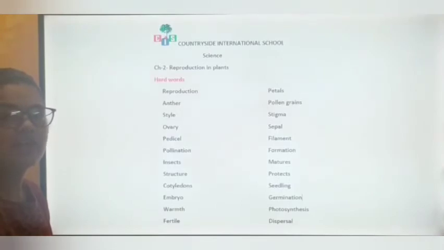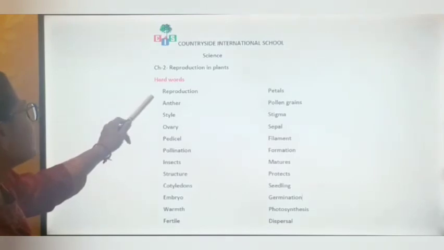Okay. So now we are going to see the hard words of this chapter. The hard words that you have to write down in your notebook, and the short answers that we are going to do, that also you have to write in your notebook. Let us see the hard words one by one.